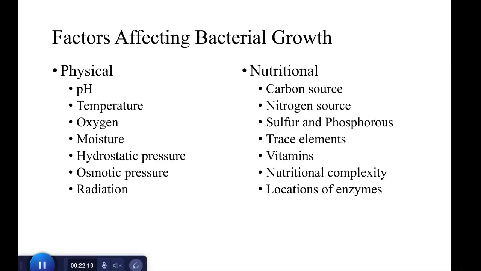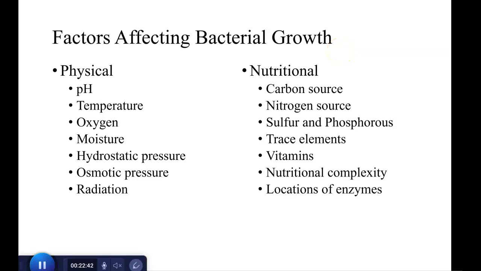So these are things that we have to keep in mind when we're growing bacteria, because just like you have your favorite foods, they're going to have their favorite foods as well. Some of us like the room temperature cool, some of us like it warm. So bacteria, they're going to have those same likes and dislikes just like we do. Does that mean if we put them out of their optimal temperature range that they're not going to grow? No, it's just that they may not grow to their optimal.